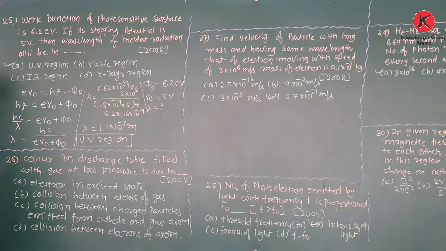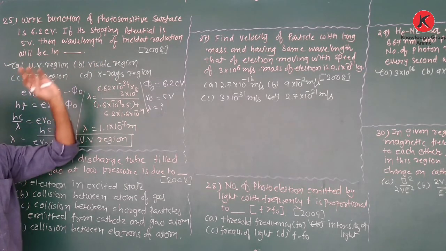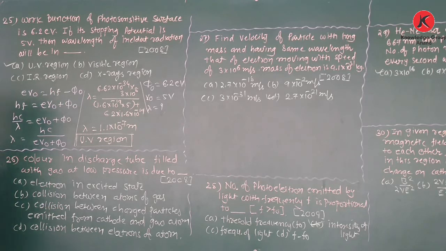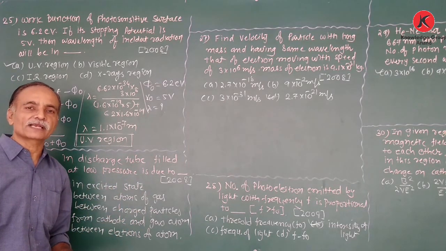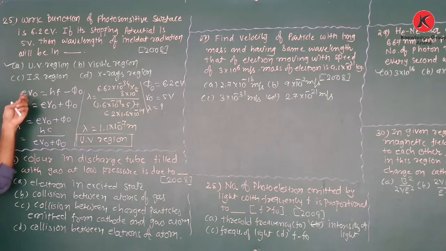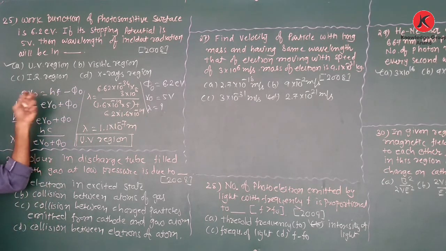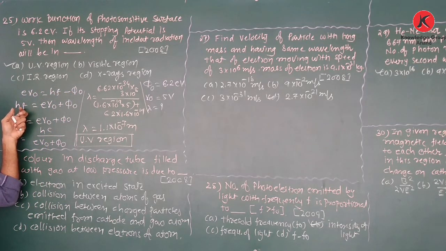Again, in the photoelectric effect, the work function of the photosensitive surface is given as 6.2 electron volt and stopping potential is given as 5 volt. We have to find out the wavelength, so we can find out which region of the electromagnetic spectrum the incident radiation is from. For that purpose, we know that eV0 is equal to hf minus phi 0. Therefore, hf is equal to eV0 plus phi 0. Now, instead of the frequency, c by lambda, therefore hc upon lambda is equal to eV0 plus phi 0.